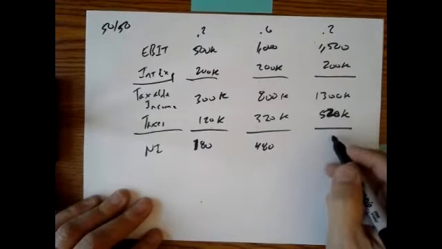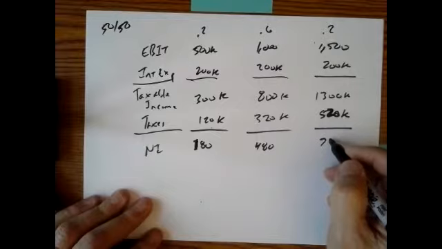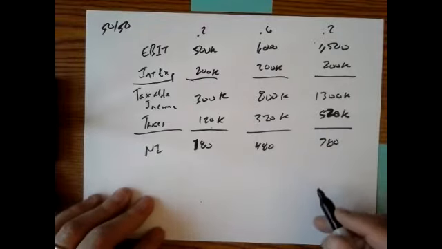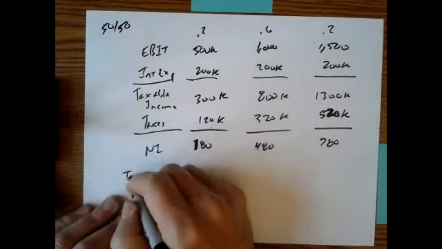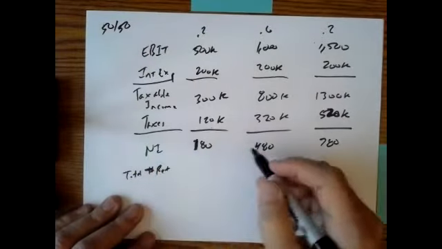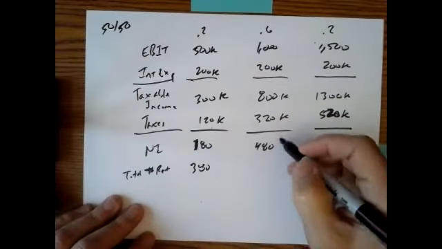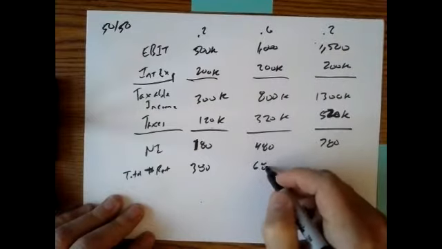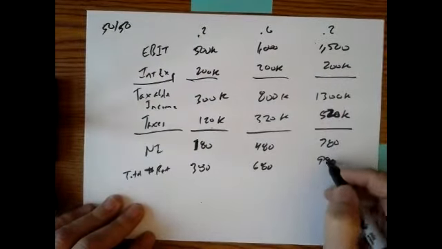And then 1300 minus 520 is 780. So total return would be 180 plus 200, which is 380. 480 plus 200 is going to be 680. 780 plus 200 is going to be 980.